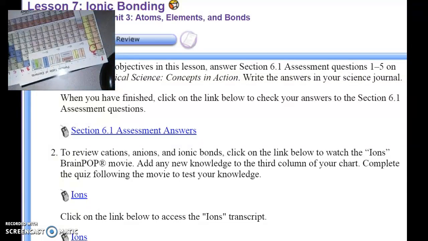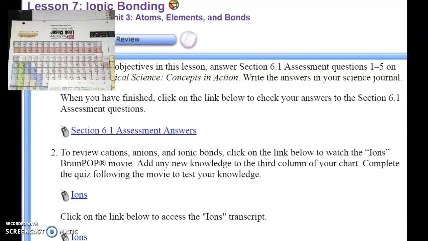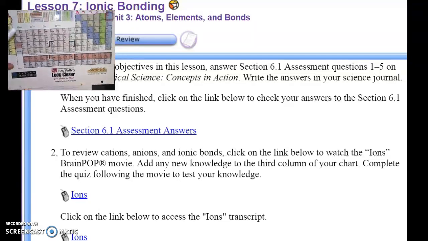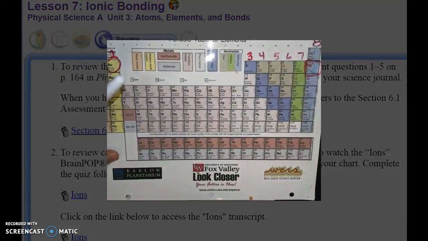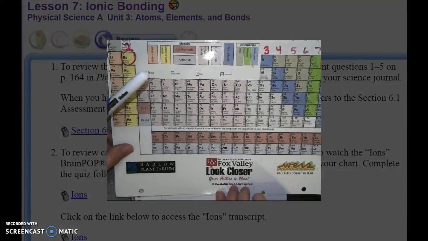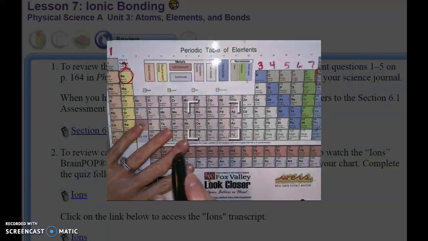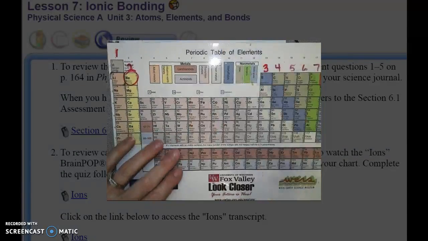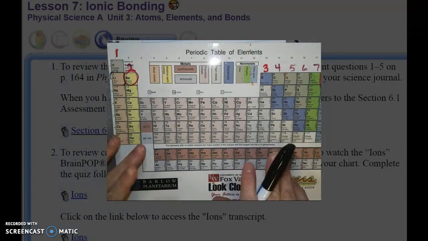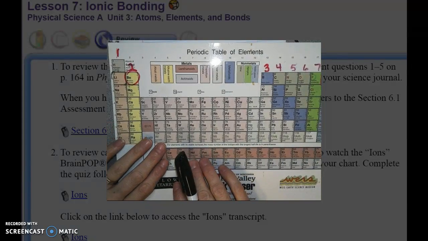I'm going to go ahead and show you what I have up down below here, and I'm going to give you the maximum screen so we really can see this. Okay, so here is my periodic table. I like to have a periodic table that I keep all the time, that I can write on, and that I can put a lot of information on.